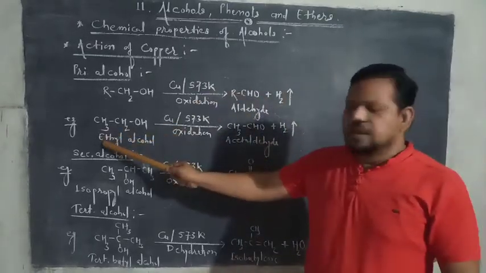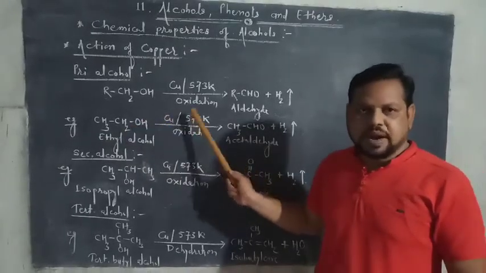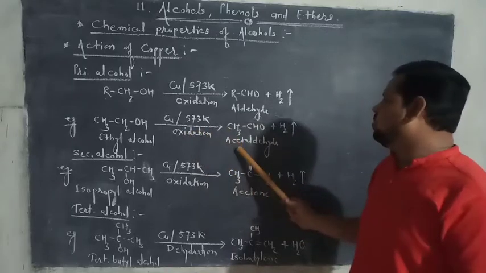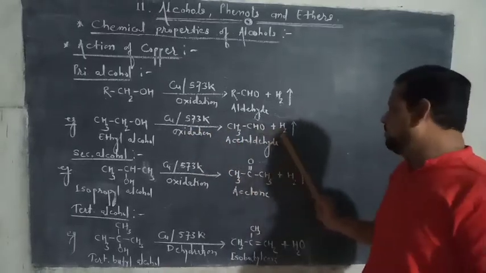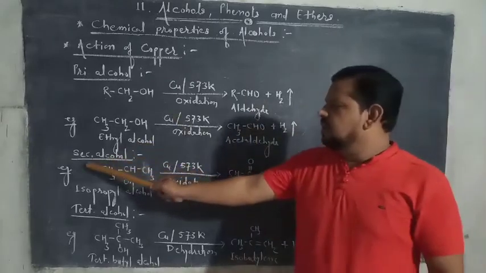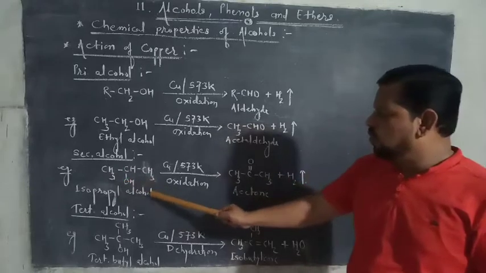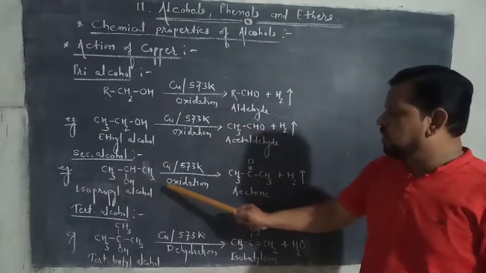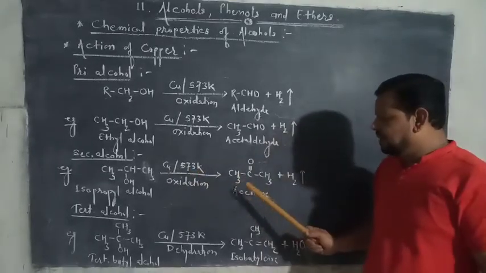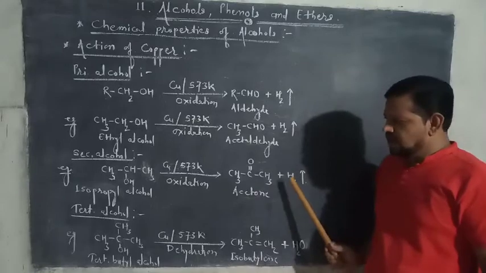For example, ethyl alcohol is heated with copper at 573 Kelvin temperature, and it is oxidized to give acetaldehyde with the liberation of hydrogen gas. Then secondary alcohol, for example, isopropyl alcohol. This isopropyl alcohol is oxidized by copper at 573 Kelvin temperature, and it gives acetone with the liberation of hydrogen gas.